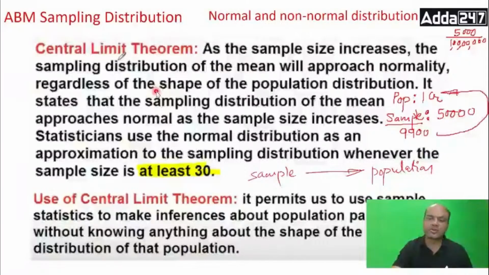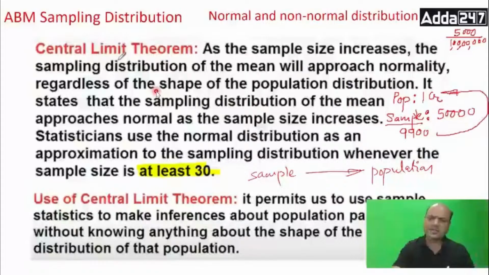Suppose you want to check whether the tea is hot or cold. Do you drink the whole cup of tea or do you take just one sip? Of course, you will take one sip and from that you will know whether the tea is hot or cold.